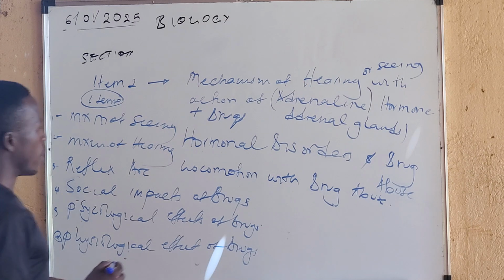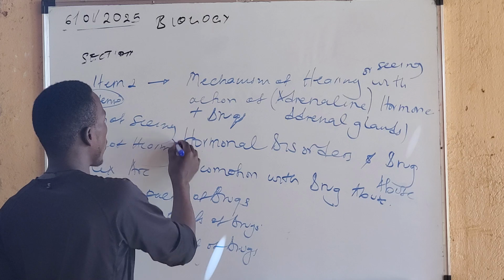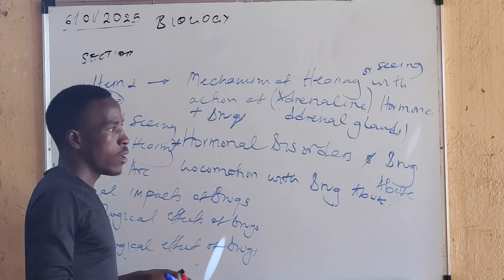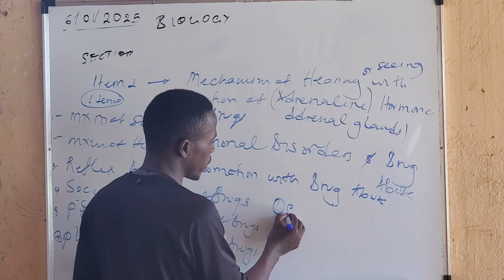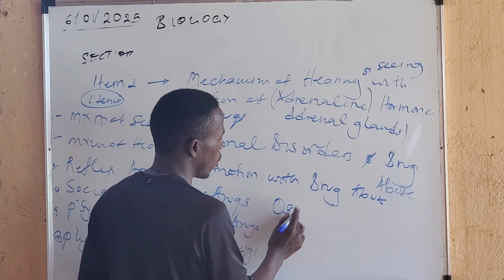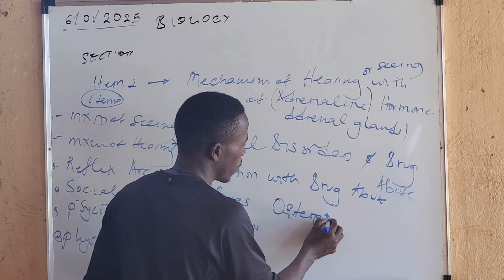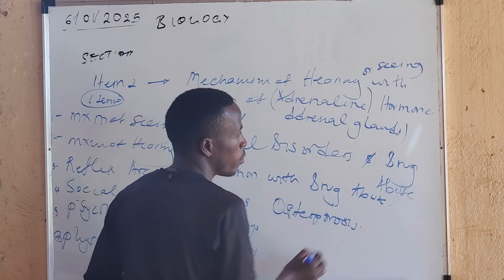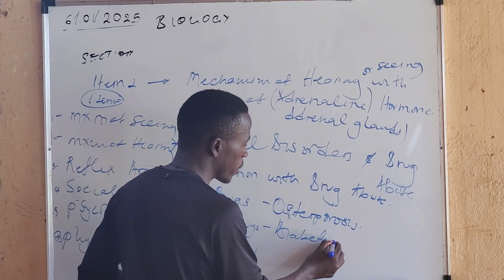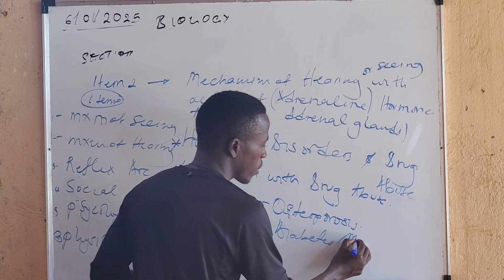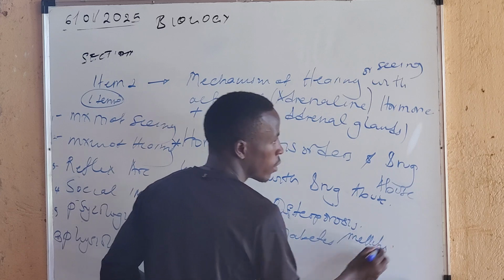And then you must also know hormonal disorders. For example, we have some diseases, like osteoporosis. This one can't miss. We have diabetes, basically diabetes mellitus.